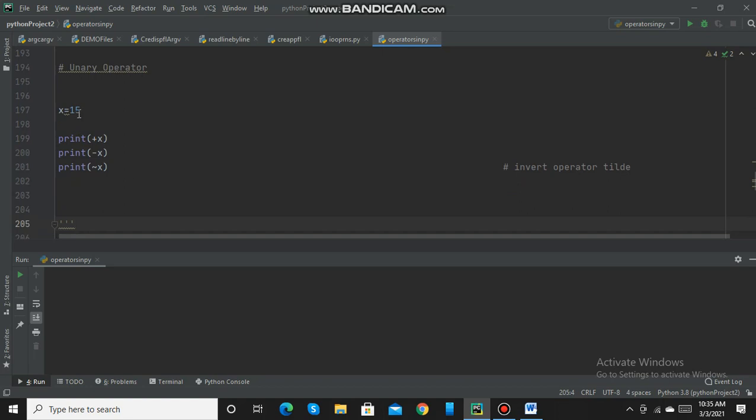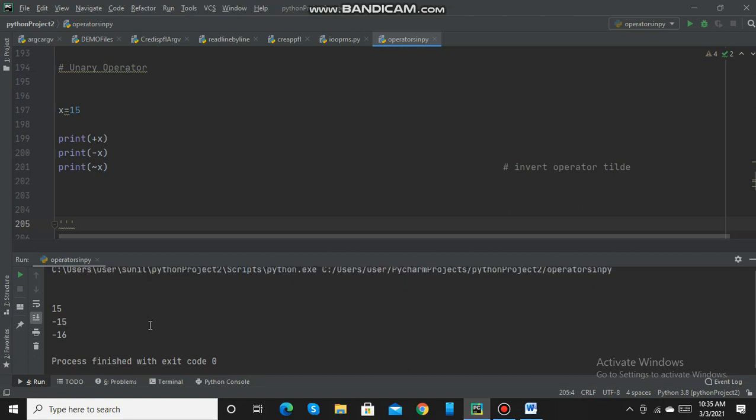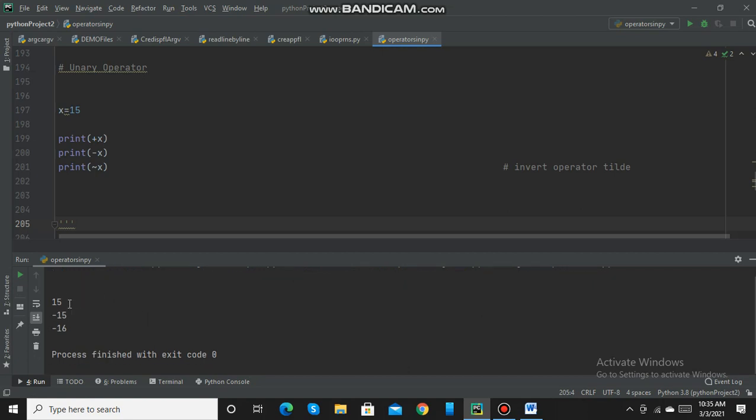So here I am assigning value 15 to x, then printing plus x, minus x and tilde x. So plus x is 15, minus x is minus 15, and tilde x means it will add 1 to the value of x. So x becomes 16 and then negate it, so minus 16.